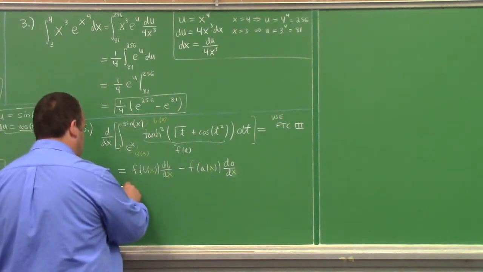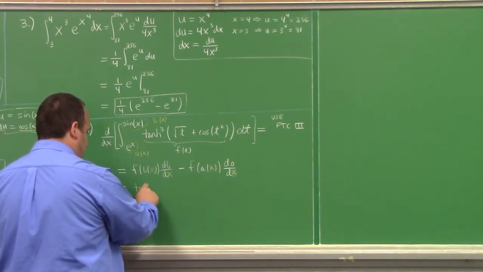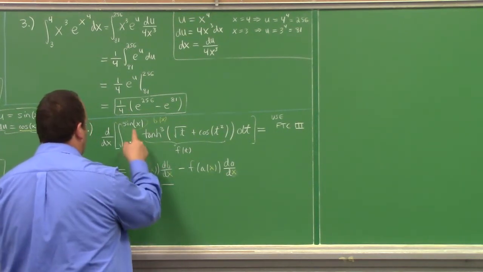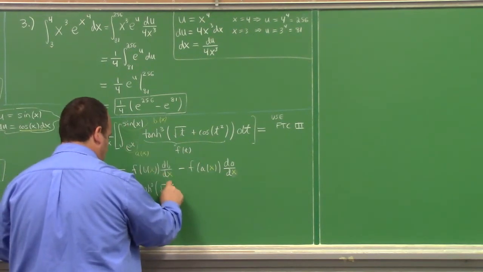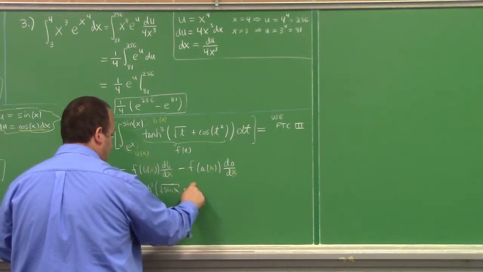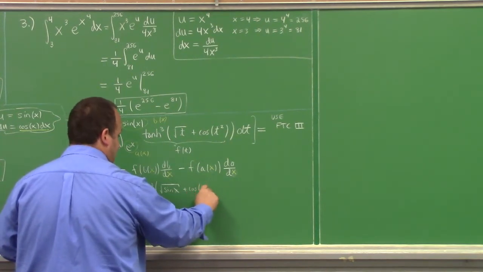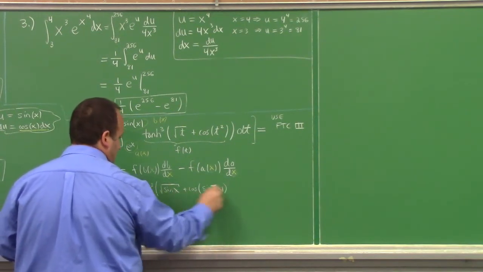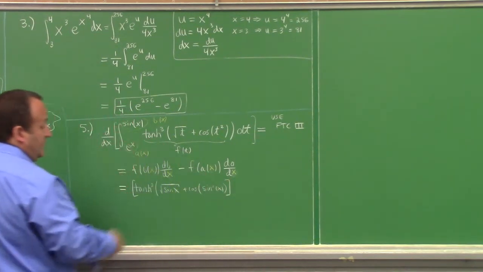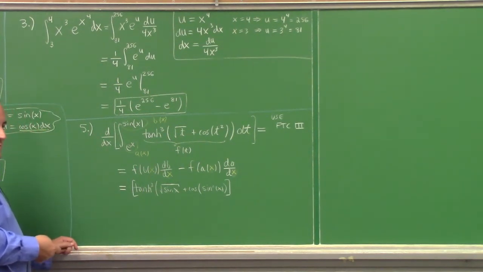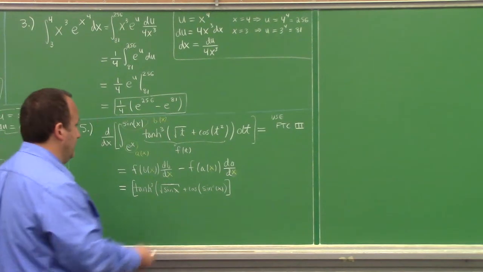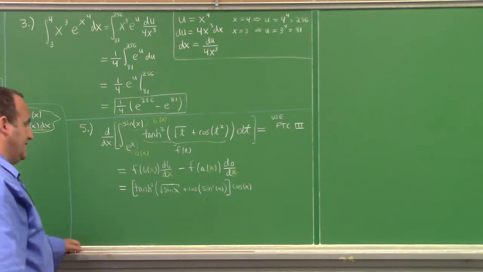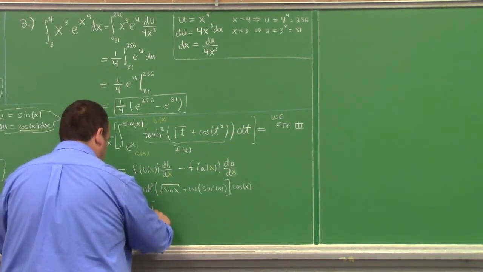So in this case, this is hyperbolic tangent cubed of the square root of b, which was sine of x, plus the cosine of sine squared x. All of that mess gets multiplied by the derivative of b, which in this case is cosine. And then we subtract f of a of x.